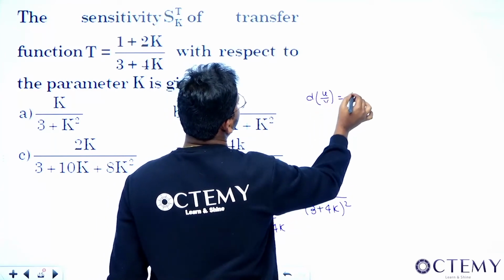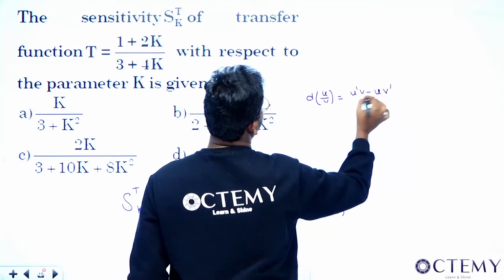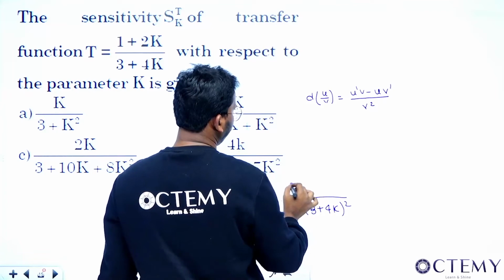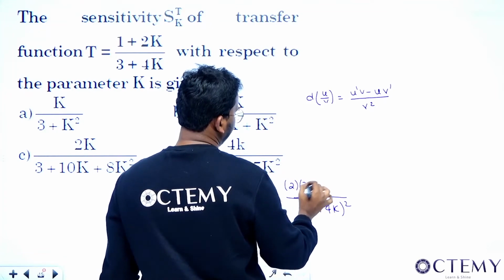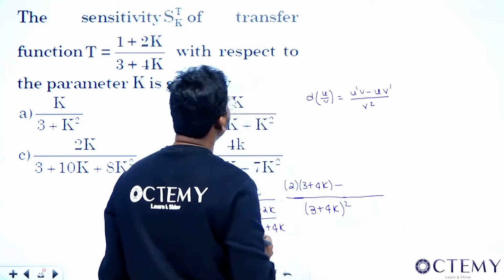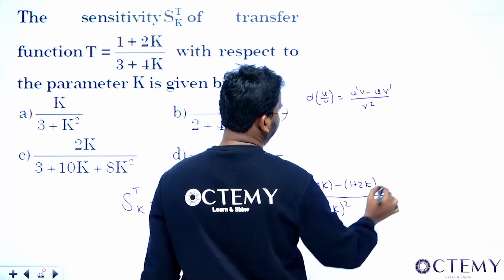Differentiation of U by V is U dash V minus U V dash by V square. So what will be U dash? That will be 2 into 3 plus 4K minus U, which is 1 plus 2K, into V dash, which is 4.